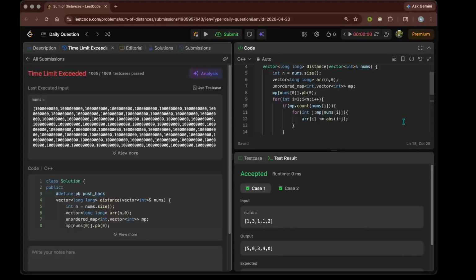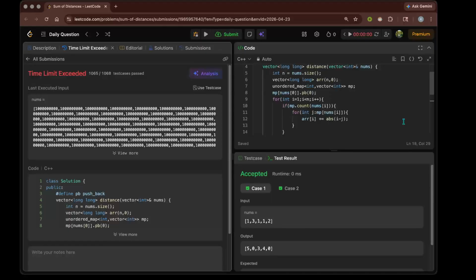So count will be how many such elements that we got. Count is very important, index is very important, and the best plus count multiplied by ABS of I minus IND.